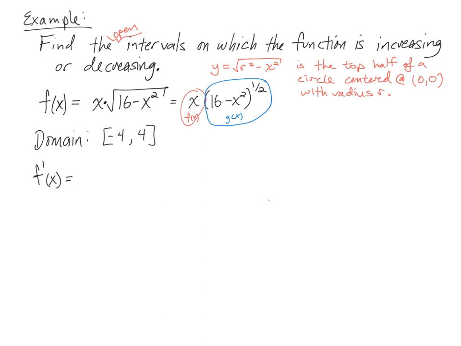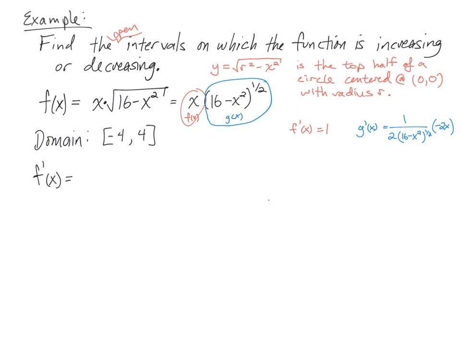So I'm just going to find f prime of x and g prime of x off to the side. Well, f prime of x, pretty simple. That's 1. g prime of x is going to require the chain rule. And that will be 1 over 2 times (16 minus x squared) to the 1/2 times negative 2x. And again, this derivative should feel similar to another derivative I did in a previous video.